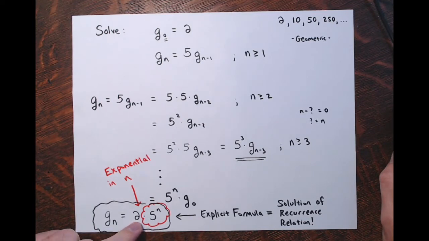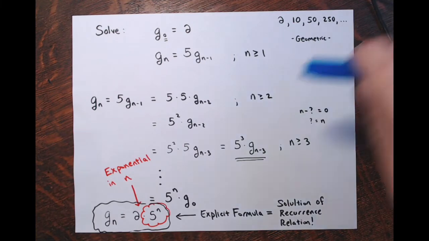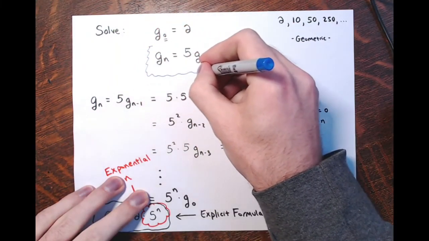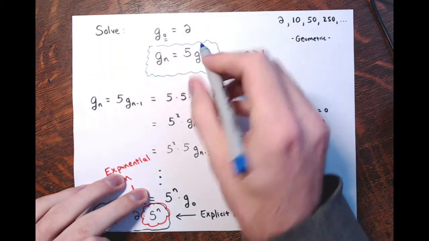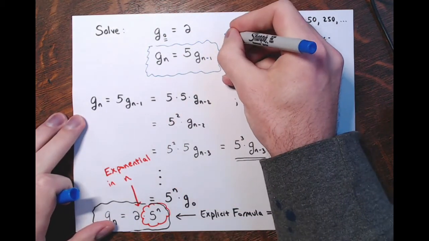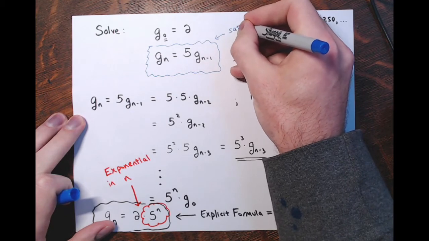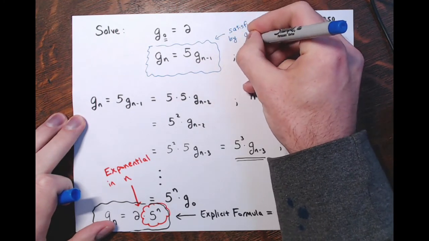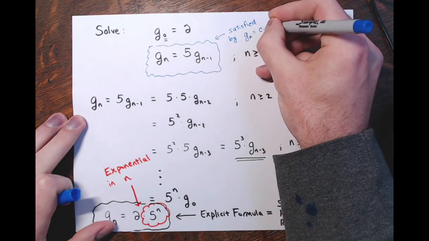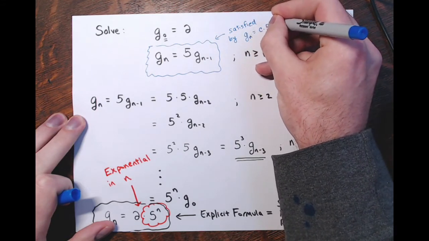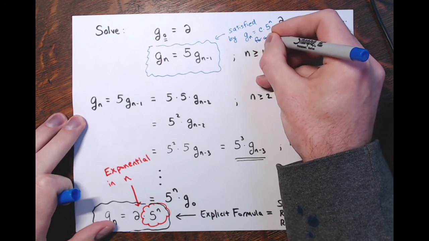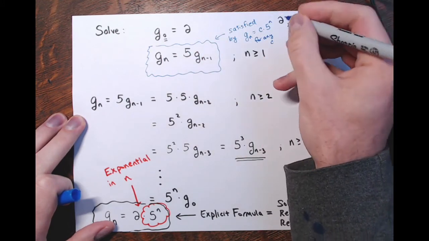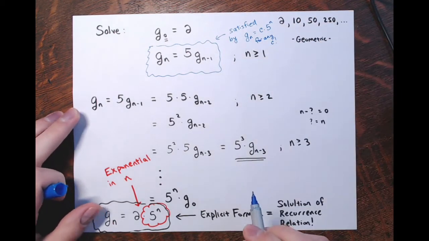Any value c would satisfy the recursive rule. This rule would be satisfied by g sub n equals c times 5 to the n for any c, even for 0.